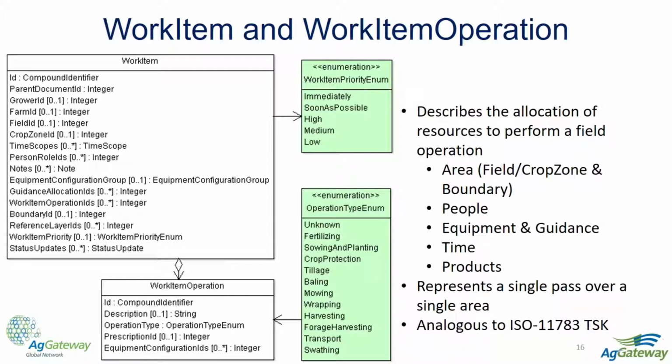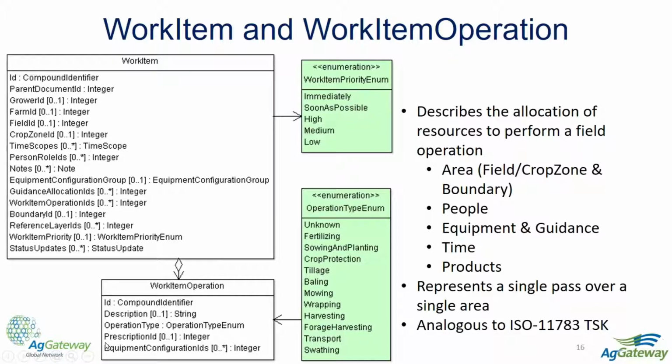Okay, so work item told us all this about where and when and who and the equipment and so forth. But it didn't tell us what operation exactly was being performed. And please note that it also points back to its parent document. Work item operation tells us what operation type we're performing here, like saying, is this a crop protection operation?